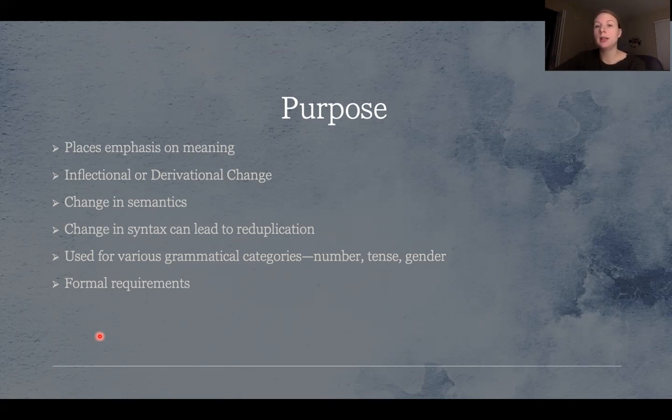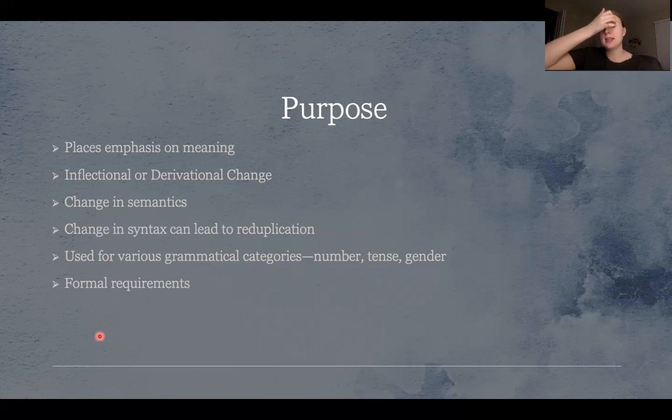So it's still a noun, you're just having more than one dog. But derivational change is kind of when we see that change in semantics. So derivational change could be beauty, which is the noun, and then you add full as the suffix, and you have beautiful, and that's an adjective, like that dog is very beautiful, you're very beautiful.